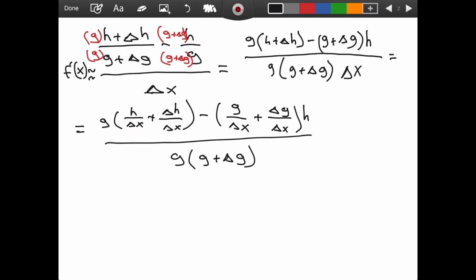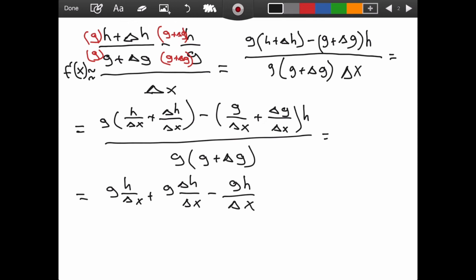Now I want to open the parentheses and let's see what happens. So if we distribute g in the first term, we get g h divided by delta x plus g delta h divided by delta x, minus. Now we are just distributing the h, so g h divided by delta x.